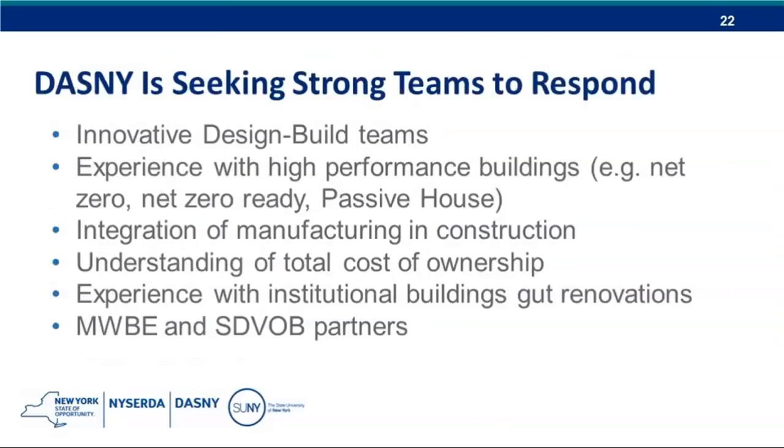So toward this end, we just put together a list of things that we know we've talked about in our team meetings with SUNY and NYSERDA and DASNY, the things that are imperative in the work that is coming down the road. We need innovative design-build teams. Although we're dealing with buildings that exist and with problems that we're probably comfortable with and have dealt with before, we need to deal with them in a different way, and the work needs to be iterative.